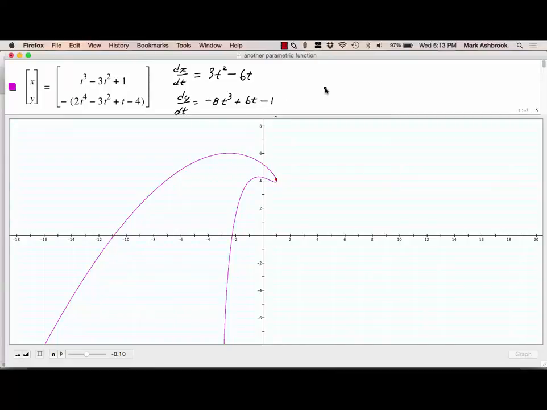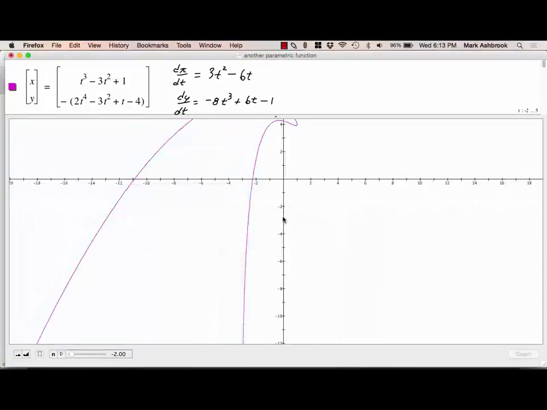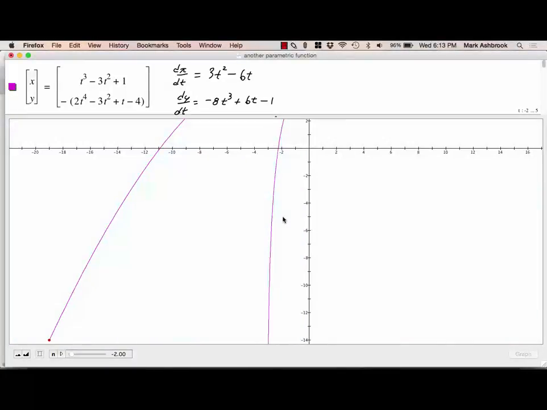Okay, so let's look at that point. Let's find those values at t equals negative 2. Let's do negative 2.